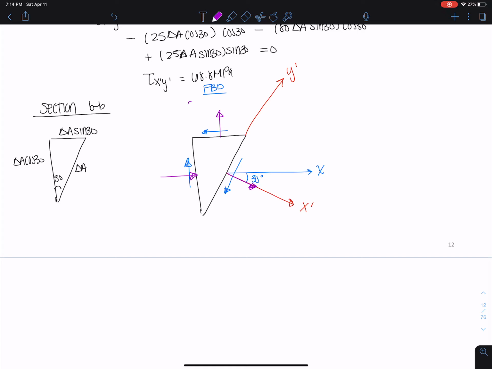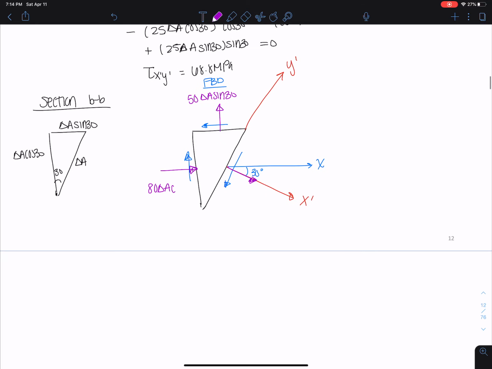So we have the 50 delta A sine 30. We have our 25, our 80 delta A cos 30, just multiplied by anything you see here.